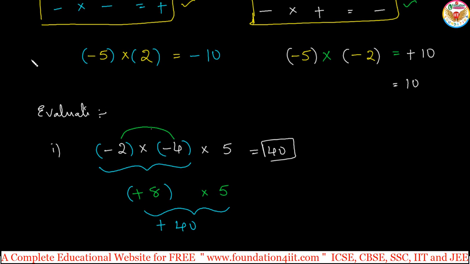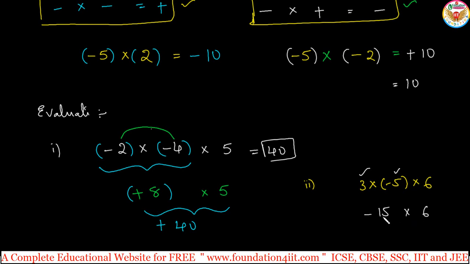For example, one more example: 3 into minus 5 into 6. When we observe, the first is a positive number and the second is negative. One is plus, one is minus, so immediately the answer should be negative. And 3 into 5, when multiplying, just see 3 and 5: it is 15, into 6.